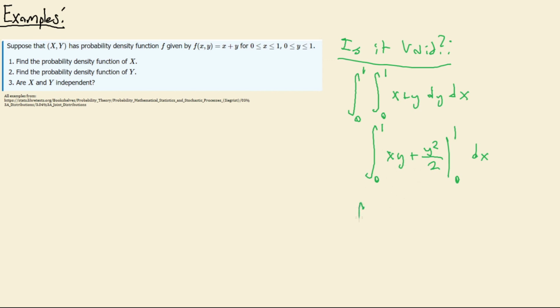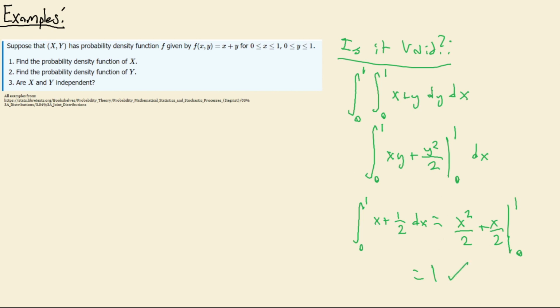So this is the same as integrating from 0 to 1, x plus 1/2 with respect to x. This is x squared over 2 plus x over 2, evaluated from 0 to 1. At 0, this reduces to 0, and at 1, this is 1/2 plus 1/2, which is 1. So if we integrate over all possible values in the support, we get 1. So this is a valid PDF.